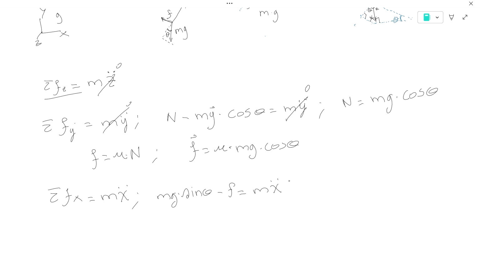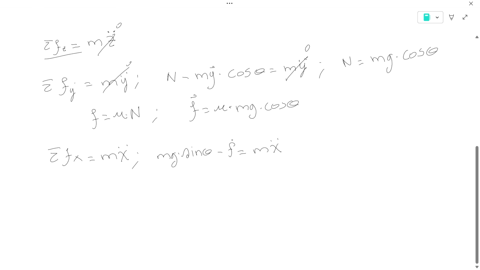All right, but we know that friction is right here. So let's complete that and say that mg sine of theta minus, you should be able to follow me with this, it's mu mg cosine of theta is equal to m x double dot.